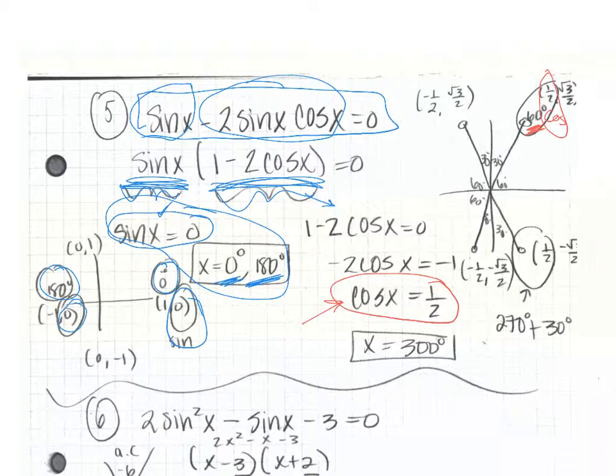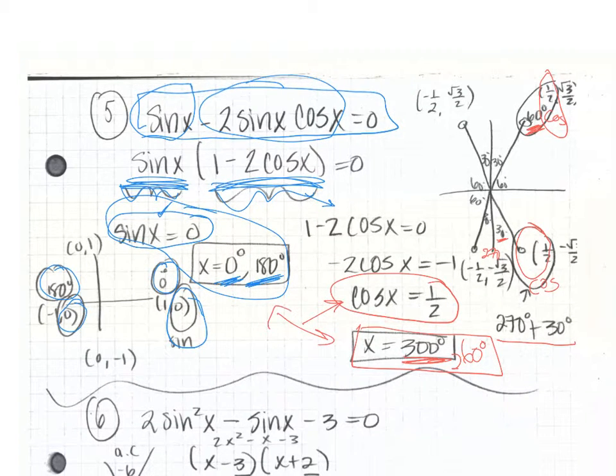And if we look down here, cos will also be positive 1/2 at 300 degrees, because if we're at the 270 mark and we add this 30, we end up with 300 degrees. So it's 300, and I actually forgot to add the 60 degrees as well. So in total we have 4 answers: 0, 180, 300, and 60.